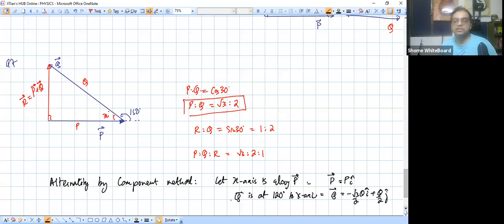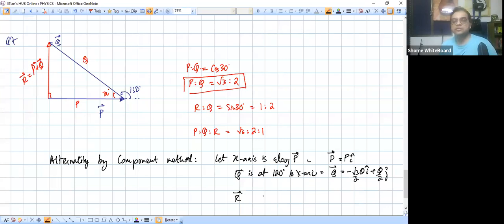So the resultant P plus Q, from here you will see it becomes P minus Q root 3 by 2 i cap plus Q by 2 j cap.